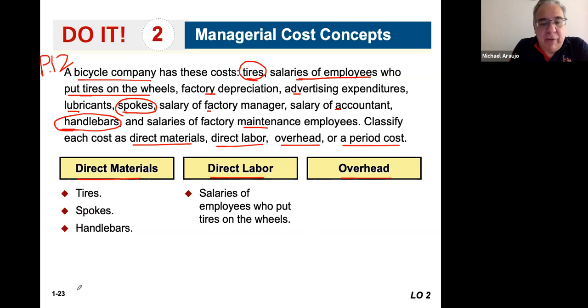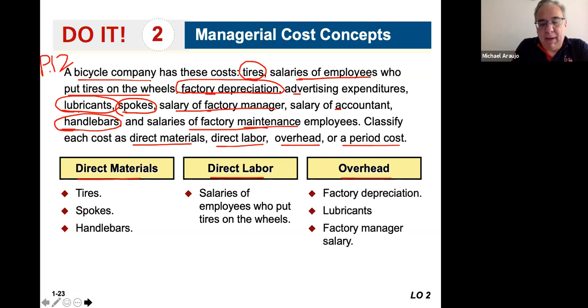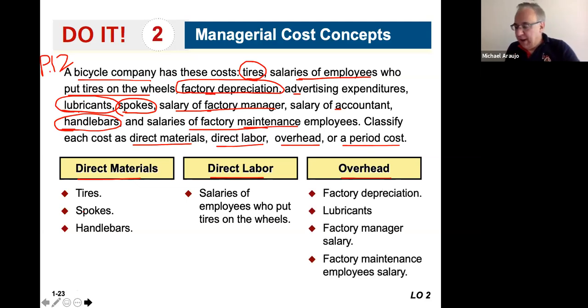The overhead costs include the factory depreciation, the lubricants, the salary of the factory manager, and the salary of the maintenance employees.